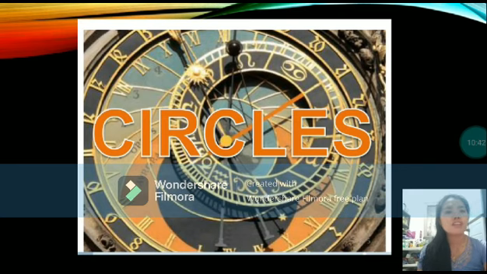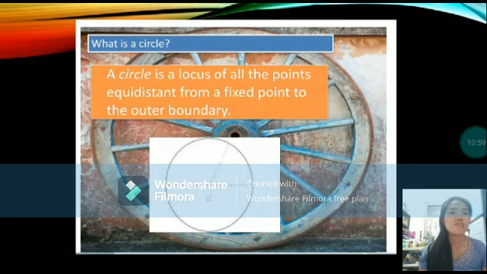Now, a circle is a locus of all the points equidistant from a fixed point. So you have that figure. That is a circle. The fixed point is called the center.